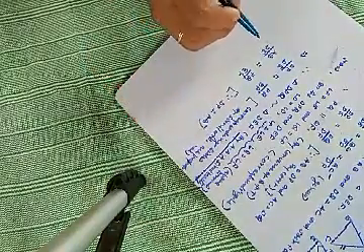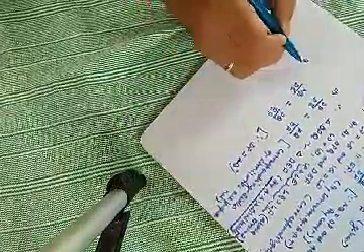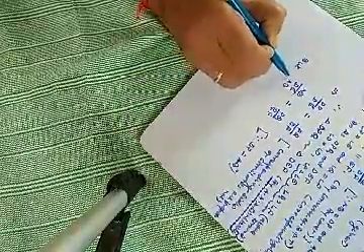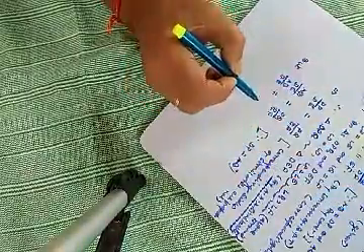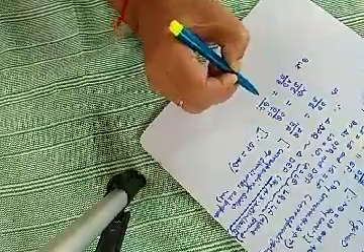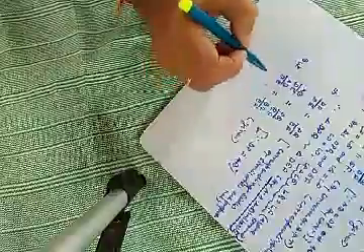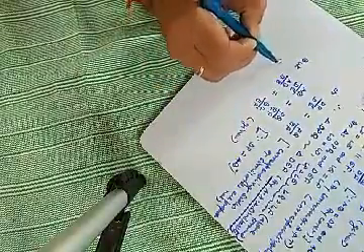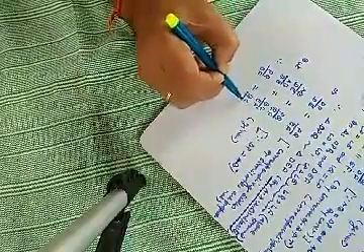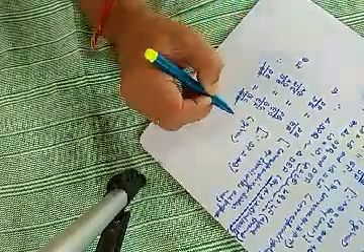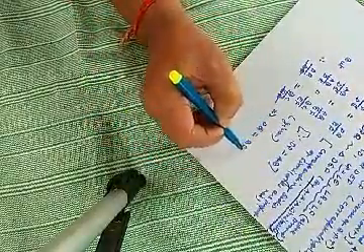And given AB upon DE is equal to BC upon EF, this is given. Therefore PQ upon EF is equal to BC upon EF. Now this implies that PQ is equal to BC.